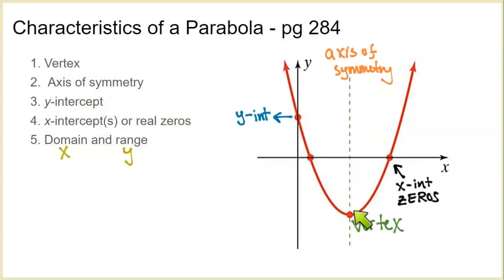It actually divides the graph into two equal portions. And then, of course, we know the domain represents the x values, we know the range represents the y values, and we should be able to find the domain and range. This graph doesn't have any values, so we won't actually find it here, but we will find it later. So on page 284, you have these characteristics. You can go ahead and label that graph that looks similar to this in your guided notebook.